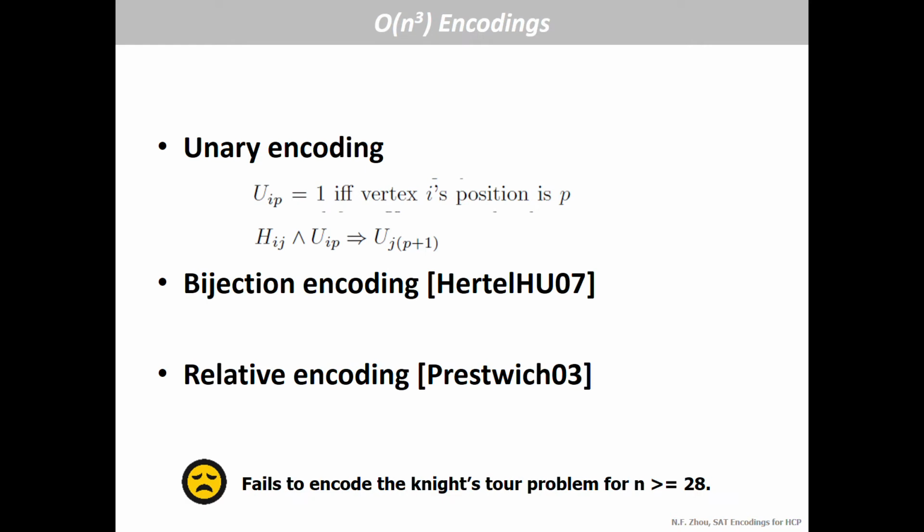There are several n-cube encodings which deal with position variables in different ways. However, these encodings suffer from code explosion problems, and they are unable to encode the Knight's-Tour problem for large sizes.